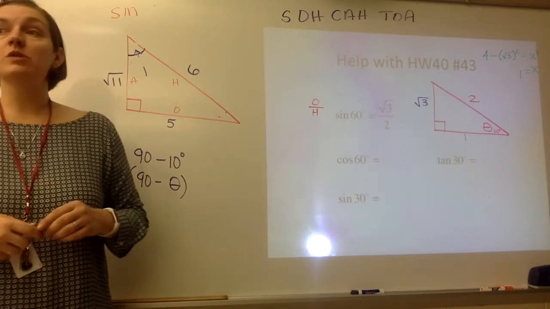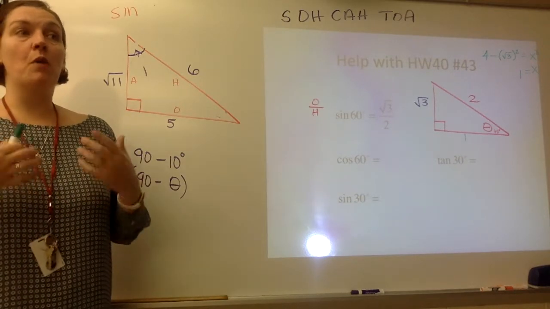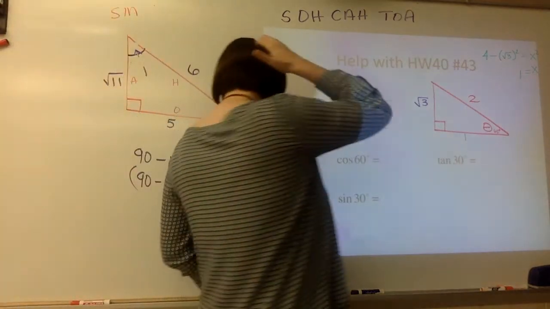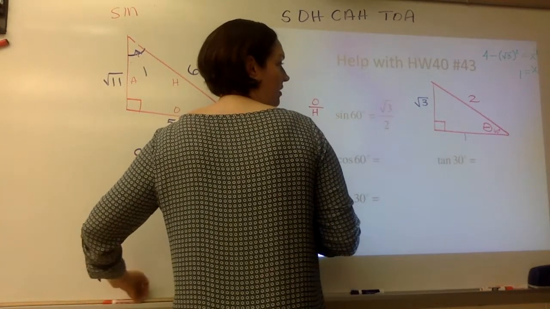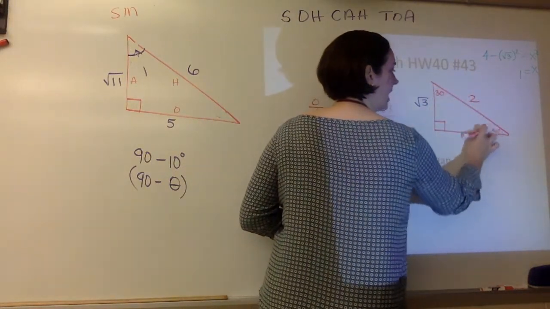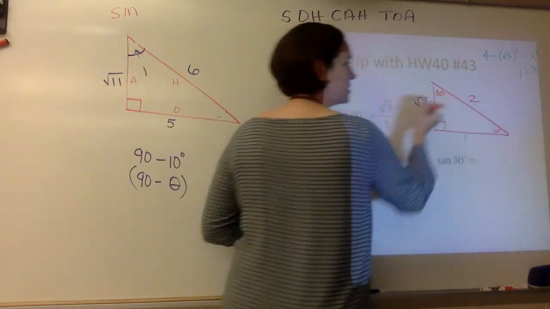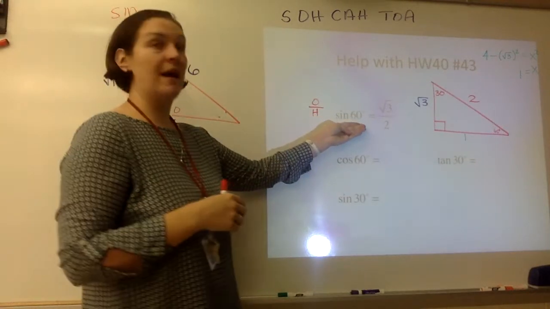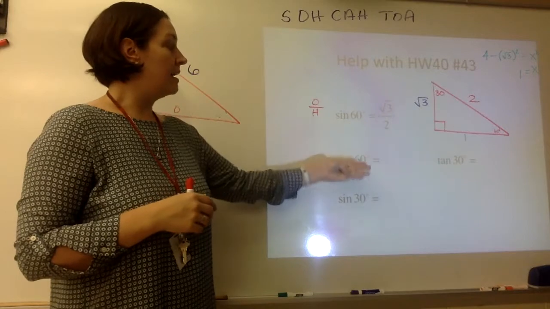Okay. There is a reason why I did not label this O, A and H. Okay? If this is 60 degrees, the other angle is how much? 30. So I'm going to erase theta for now. This is 60, this one is 30. I based my triangle off of the information I was given about 60. Now I'm going to move down here.